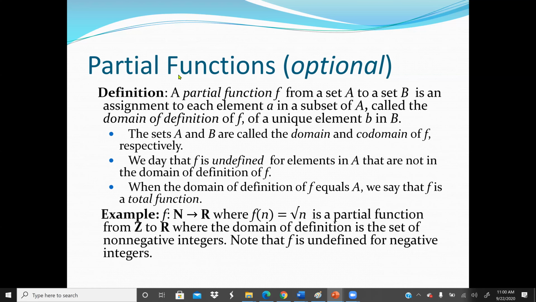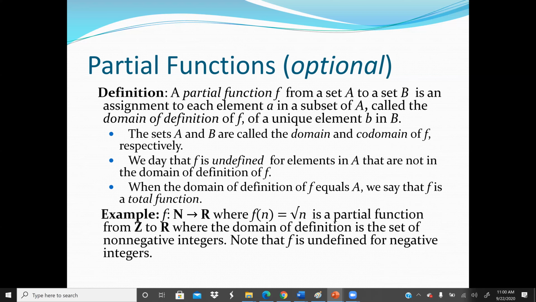We also have what we call partial functions. Here we say a partial function f from a set A to a set B is an assignment to each element a in a subset of A, called the domain of the function, of a unique element b in B. The sets A and B are called the domain and codomain of f respectively.